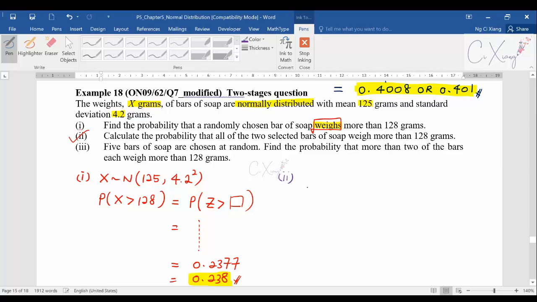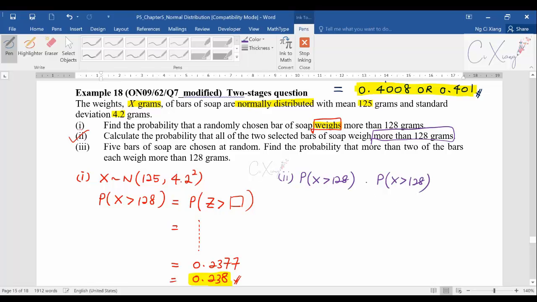So 2 bar soaps here is a complete case. Maybe I write it out like this: for the first bar soap, the weight is more than 128. The second one is also more than 128.